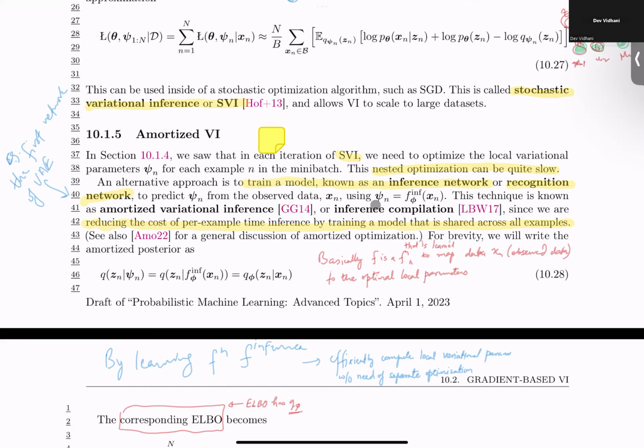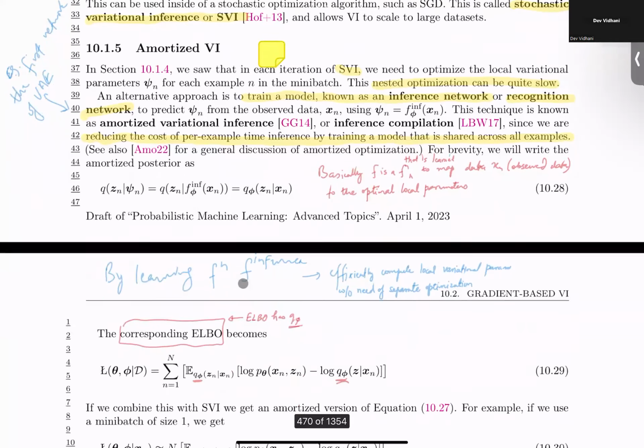It could be a neural network, or anything else. So now, instead of estimating Zn with Qn, we are estimating Zn with this inference network applied on Xn. That will help reduce the cost of computation even further to estimate psi n.